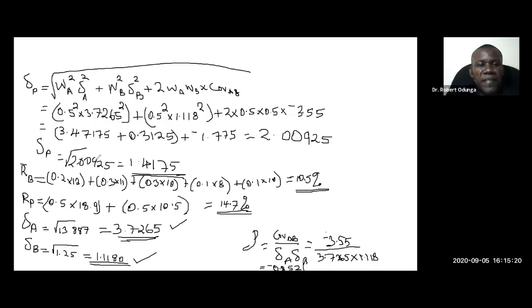So that is the portfolio risk. It should give us 1.4175.